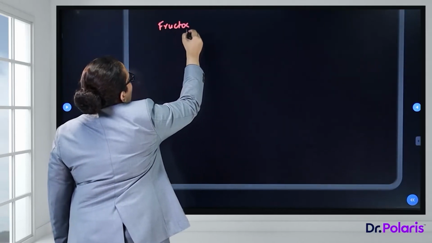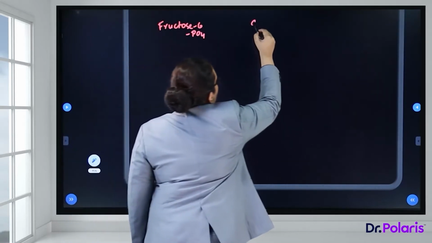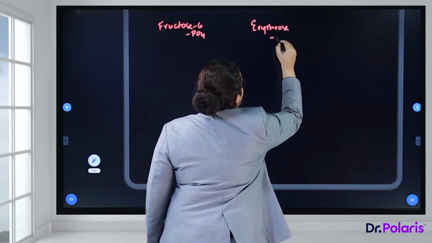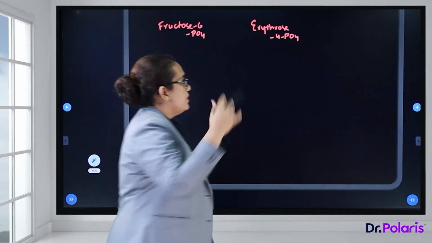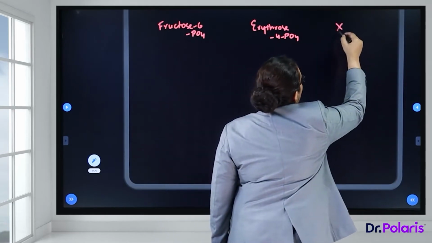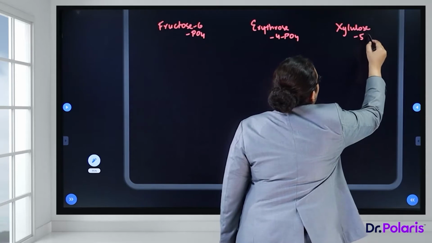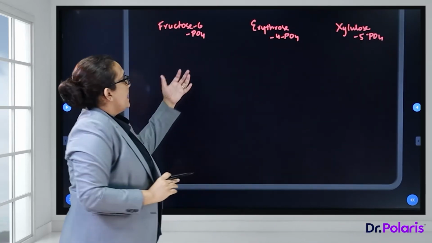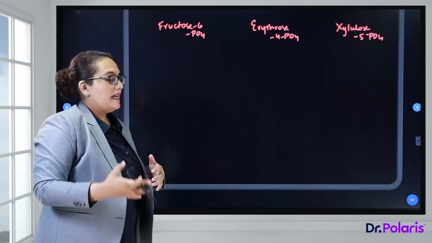Okay. So in the next step, I'll just write all those intermediates again. Fructose 6-phosphate and erythrose 4-phosphate, and then we also have xylulose 5-phosphate, which was formed from the third ribulose 5-phosphate. So what really happens to fructose 6-phosphate is it does not participate further in the reaction.